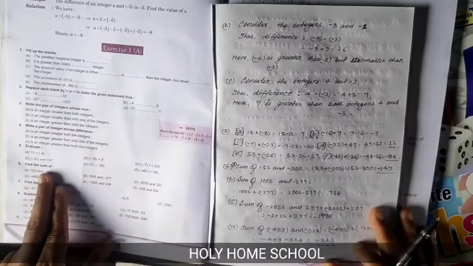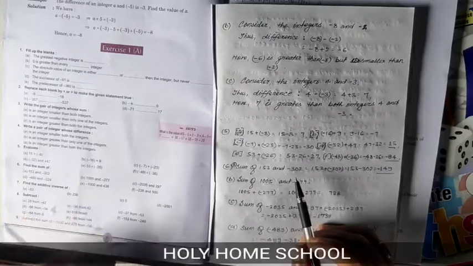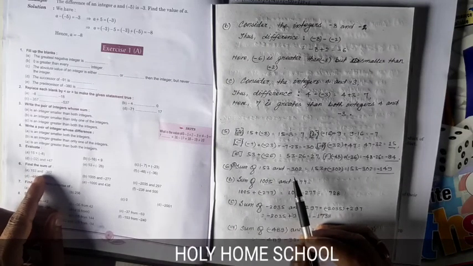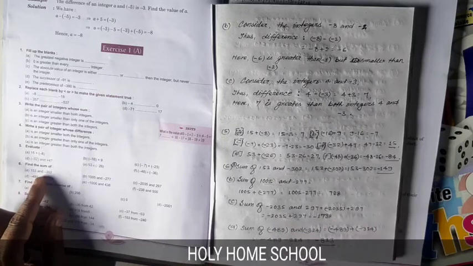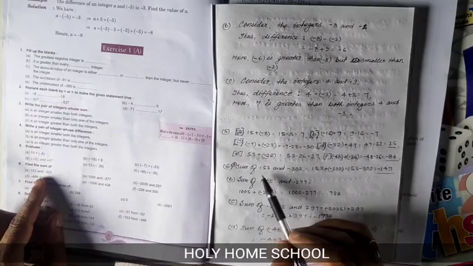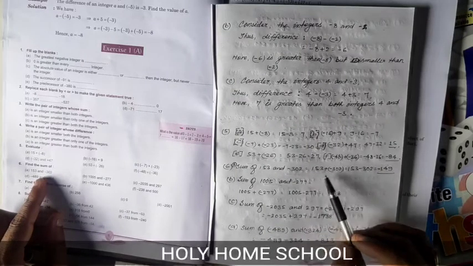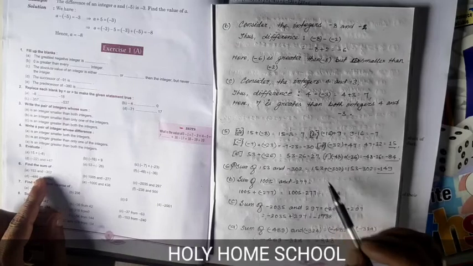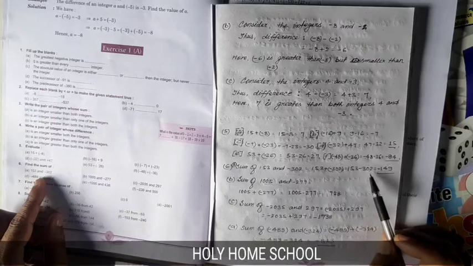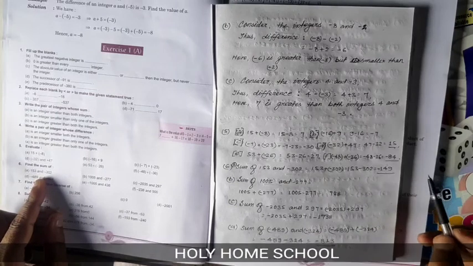6. Find the sum of. It means we have to add the numbers given here. 6A. Sum of 153 and minus 302 equals 153 plus minus 302 equals 153 minus 302 equals minus 149.